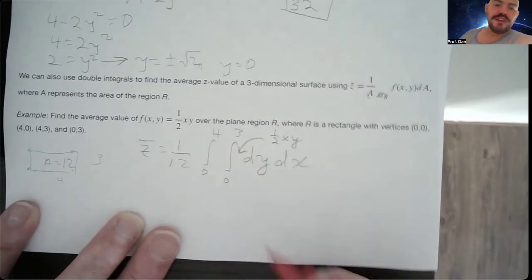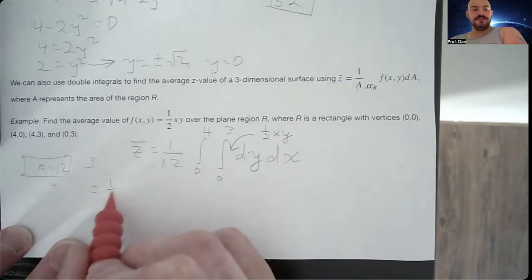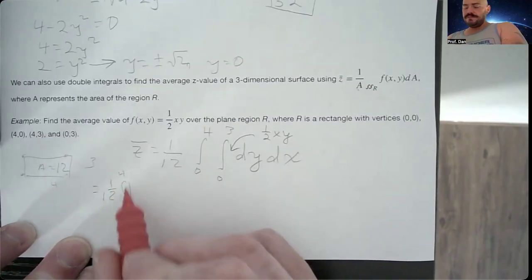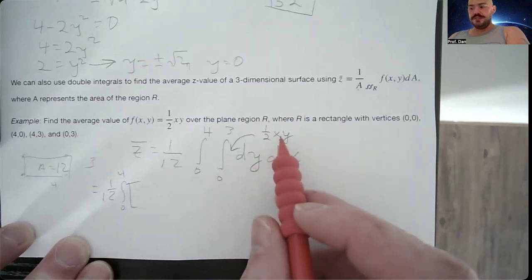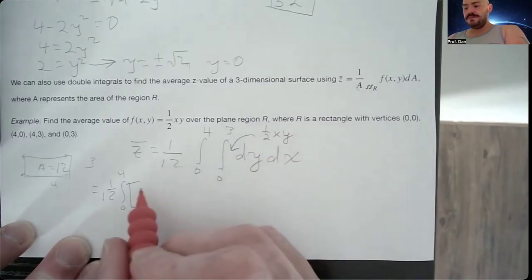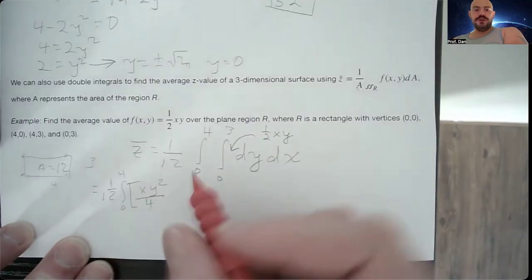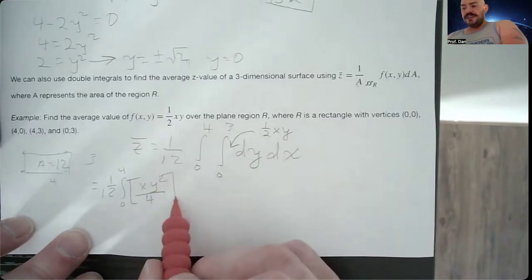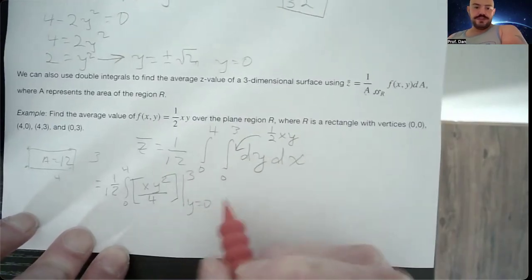Yep, there we go. Taking my inner integral, the integral from 0 to 4 with respect to y, remember x is a constant, so this will be 1/2 x, a number, times y squared over 2. So we get x y squared over 4, and we want to evaluate that from y equals 0 to y equals 3.